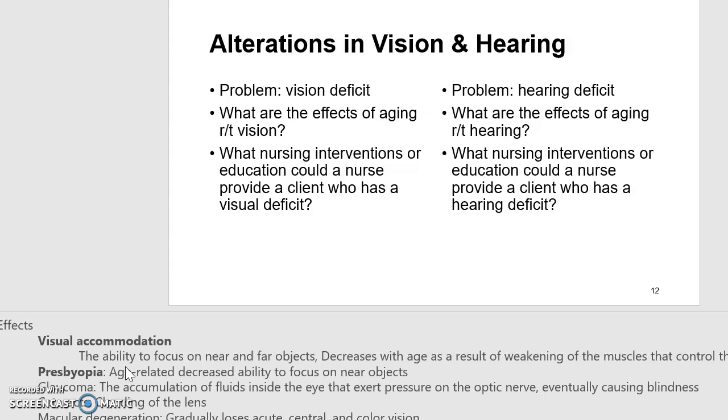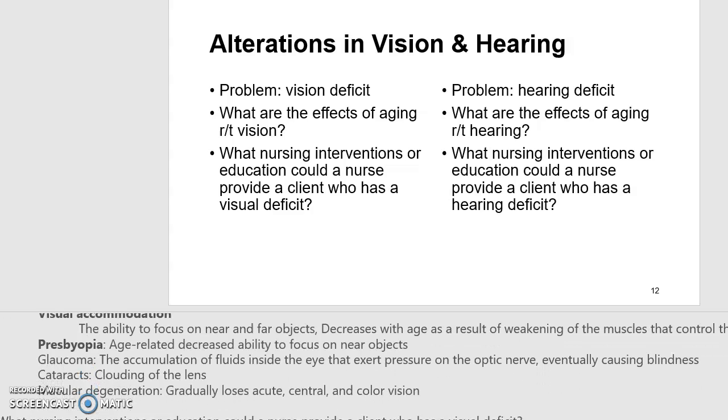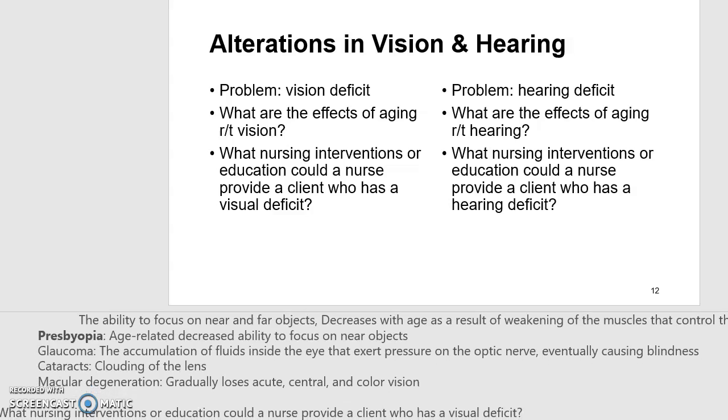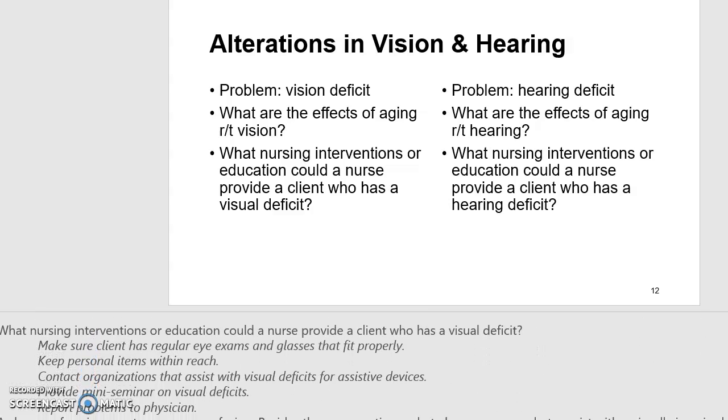That decreases as we age because they have decreased muscle tone in their eyeballs. They might also have a problem with their nearsightedness. Glaucoma, cataracts, and macular degeneration are all conditions that decrease visual acuity.